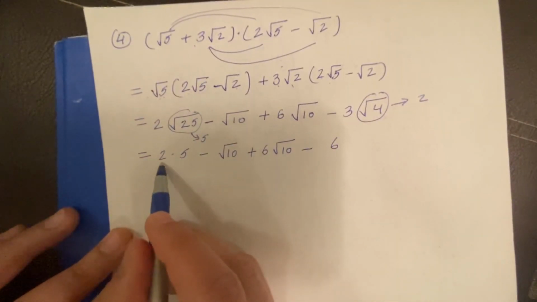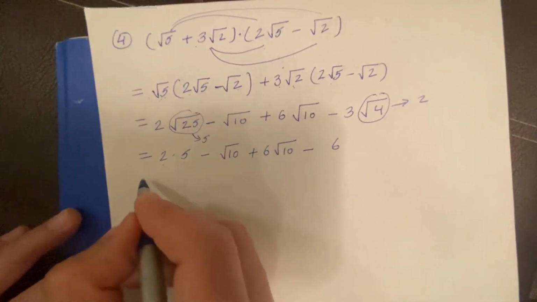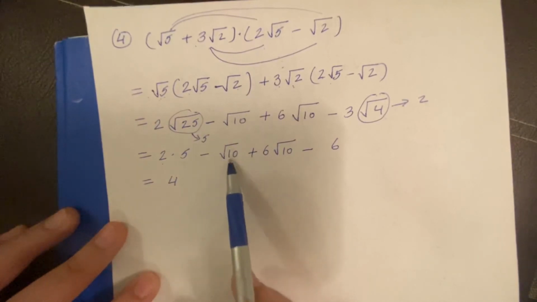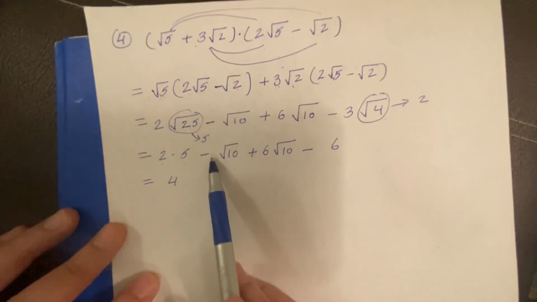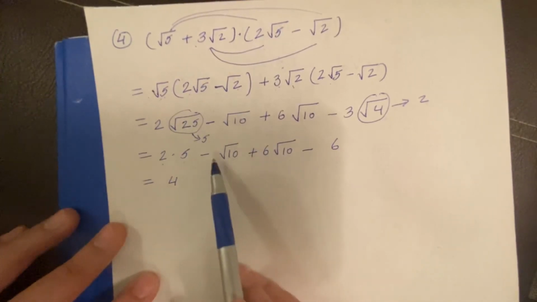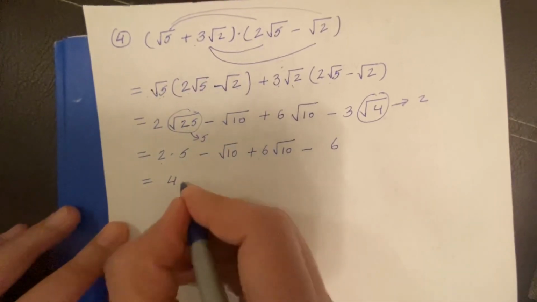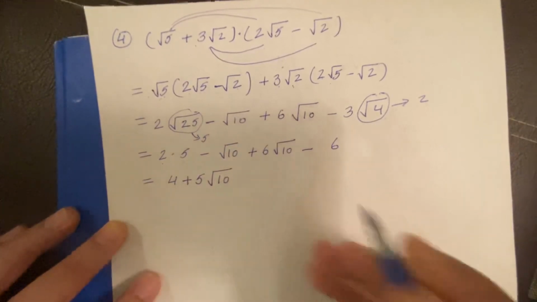And 2 times 5 is 10, so 10 minus 6 is 4. And these two are like terms, because we have the square root of 10 and the square root of 10, with a minus 1 plus 6. So minus 1 plus 6 is plus 5, giving plus 5 times the square root of 10.